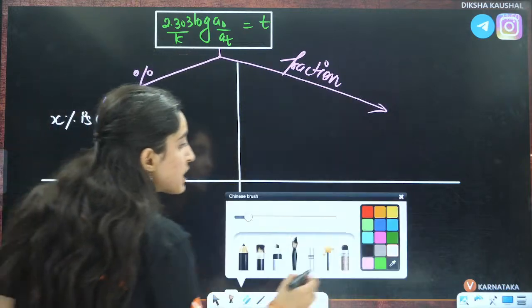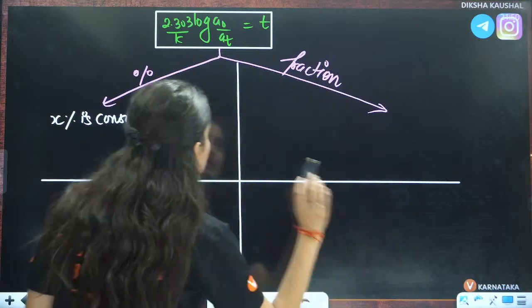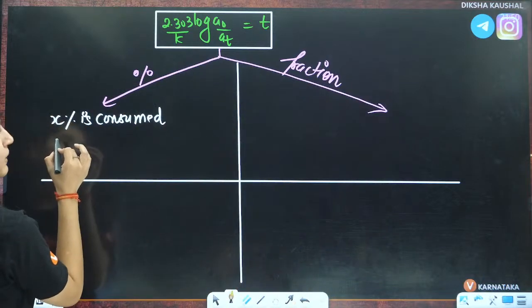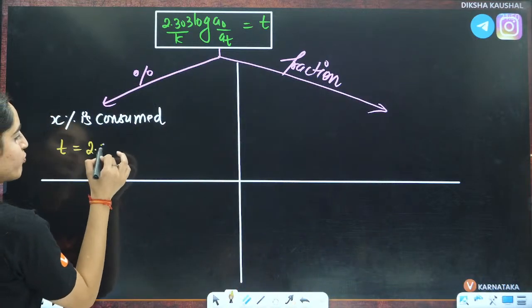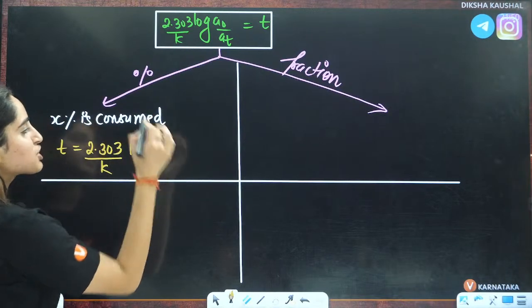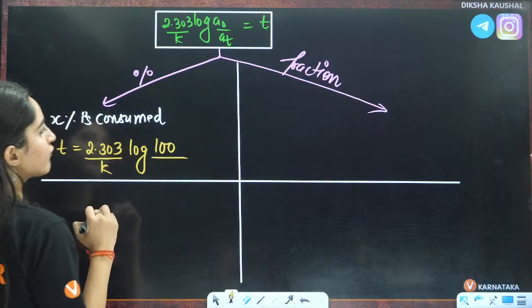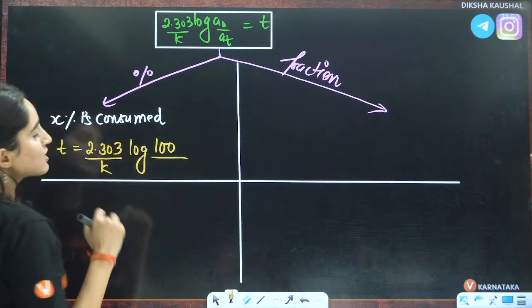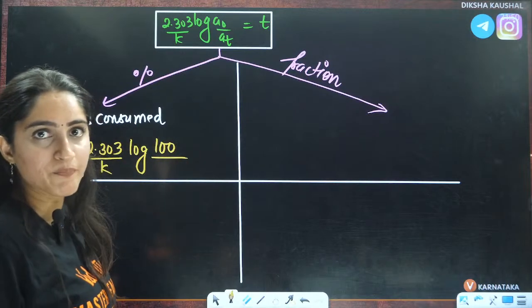So your initial concentration here is going to be 100. So T is equal to 2.303 by K log of initial, which is 100, divided by what is the final concentration?